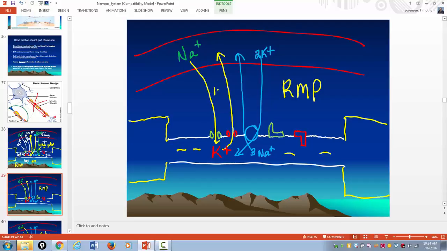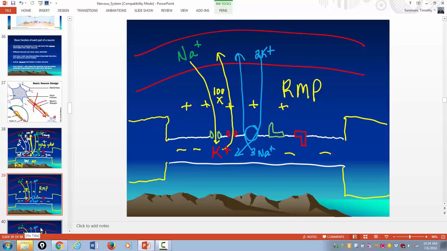And remember that potassium is much more permeable, about 100 times more permeable. So that's going to make the inside negative compared to the outside. So what you've got is a negative charge inside that node compared to the outside, and that's the resting membrane potential. It's always negative. I don't care about a number, it's just always negative.